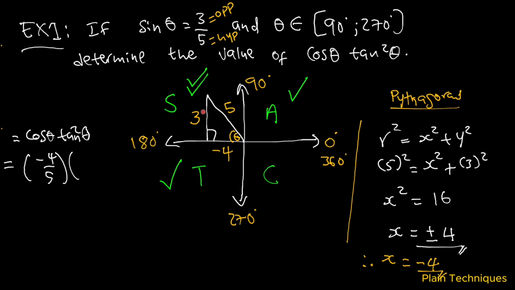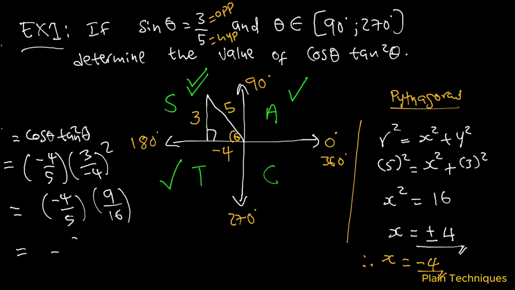Now, tan is opposite over adjacent. Okay, so that will be 3 over minus 4, squared. All right, so you can punch this into your calculator or try to solve it step by step, which is going to be minus 4 over 5, and this side it will be 9 over 16. And then the answer will be minus 9 over 20.